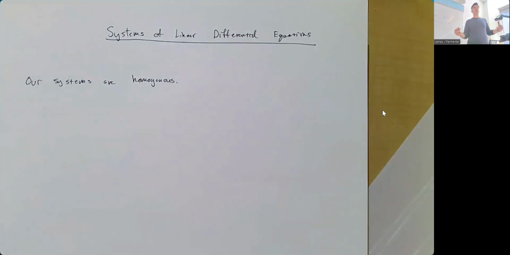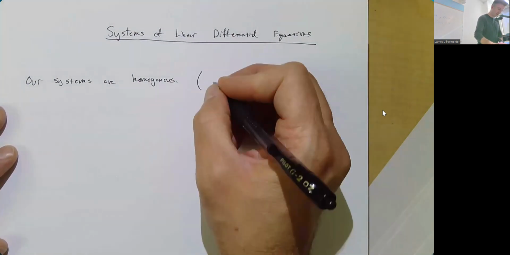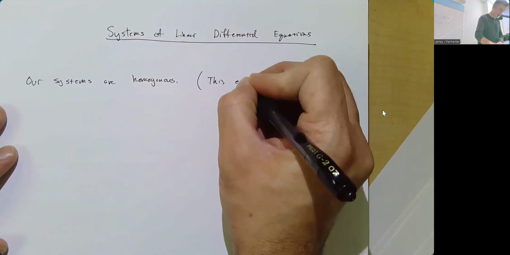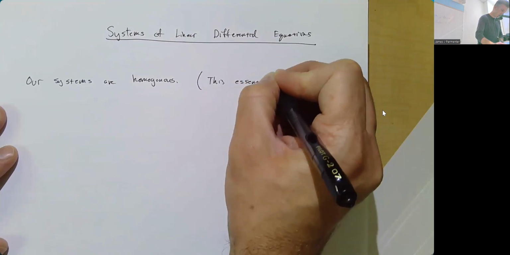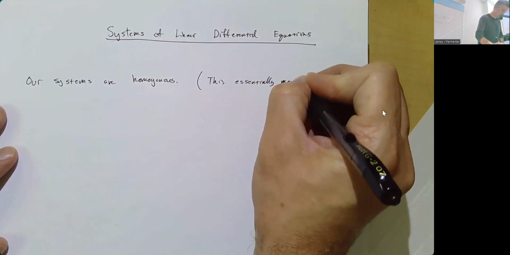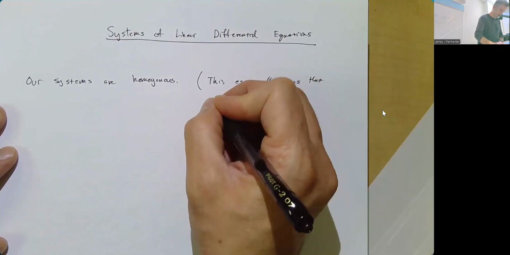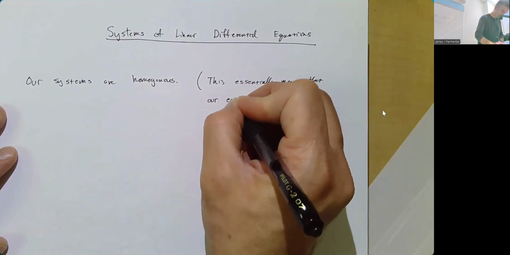They're all being set equal to 0. So what this essentially means for us is that our equilibrium is always going to be the origin.